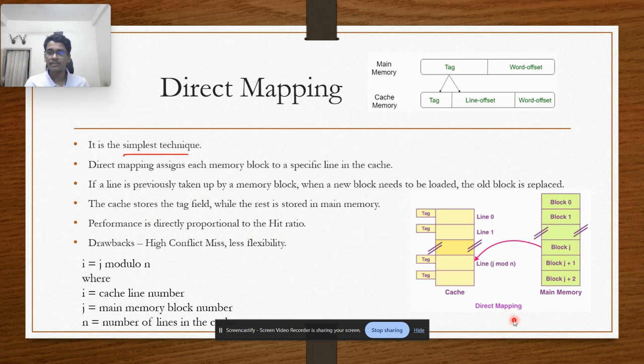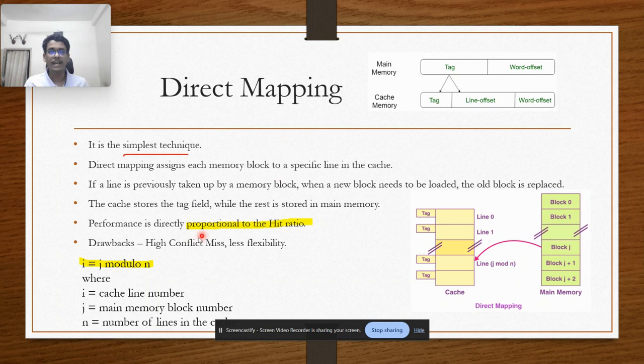The performance of direct mapping is directly proportional to the hit ratio, and the formula to calculate the cache line is i = j mod n, where n is the number of lines in our cache memory and j is the block number in the main memory, which gives us the value of i, which is the line number or the cache line.